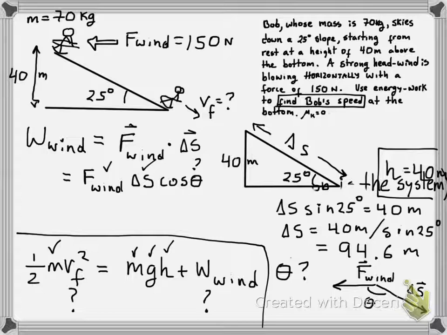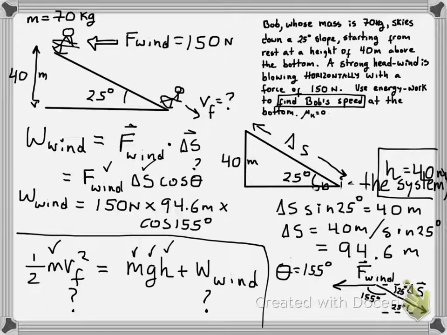To find that angle, just consider that delta S makes 25 degrees with the horizontal. So the angle between the top dash line and delta S vector is 25. Also, the angle between delta S and the bottom horizontal line is 25 degrees. So theta is clearly 180 minus 25, which is 155. So the angle between the force of the wind vector and the displacement vector is 155 degrees.